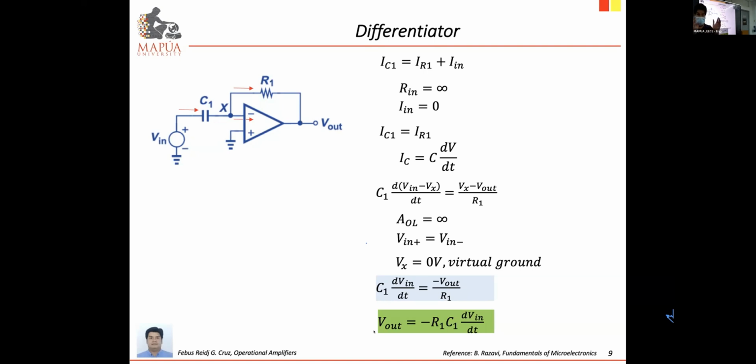So may ganun tayo characteristics. Okay? So you have negative of the time constant, product of R1 and C1, multiplied by delta V over delta t. So again, based on this equation, we can say that this circuit acts like a differentiating amplifier, or it is a differentiator. Again, can you follow?